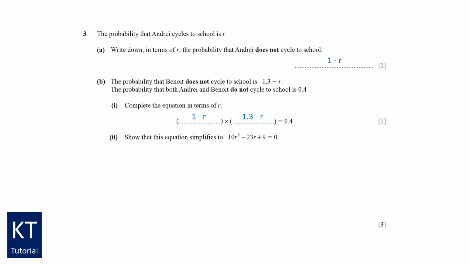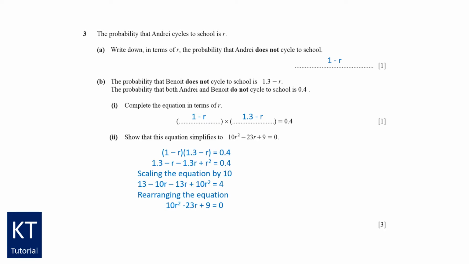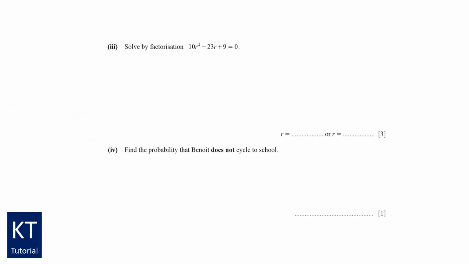Next, show that this equation simplifies to the stated equation. Here, we'll start with the equation stated previously. Then, expand the equation, scale it by 10, and rearrange it to get to the required equation. Next, solve by factorization the stated equation.